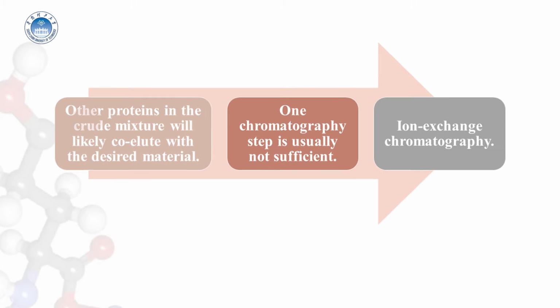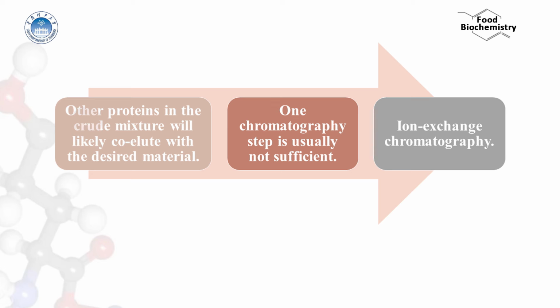To obtain a protein of high purity, one chromatography step is usually not sufficient because other proteins in the crude mixture will likely co-elute with the desired material. Additional purity can be achieved by performing sequential separations that are based on distinct molecular properties.